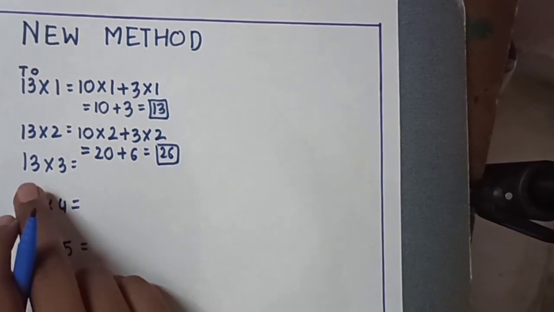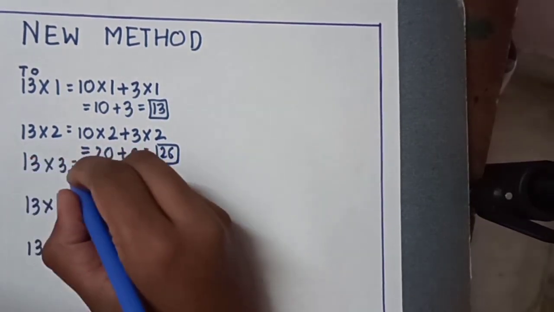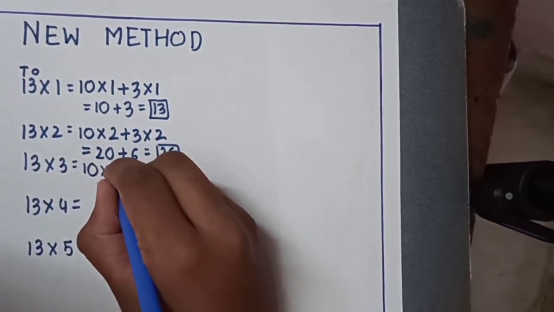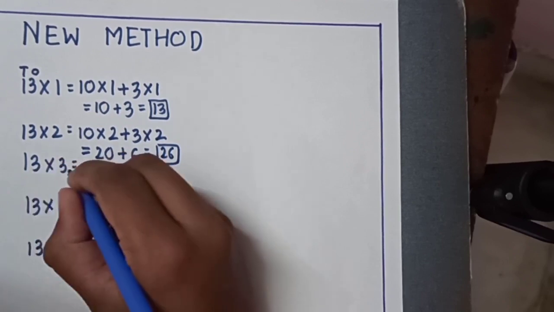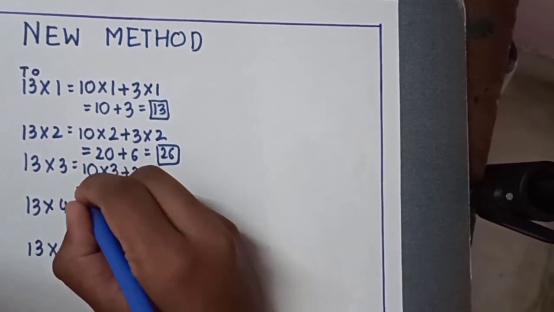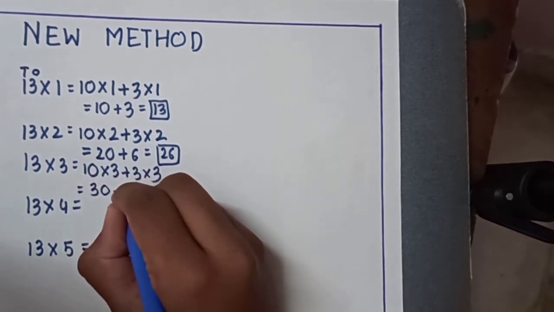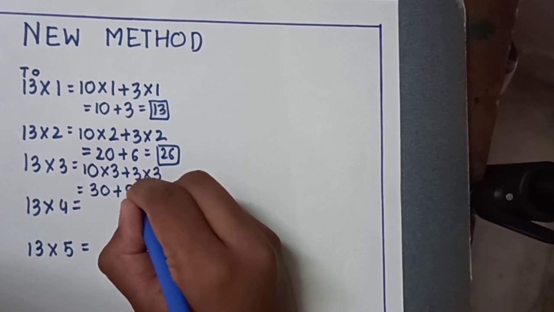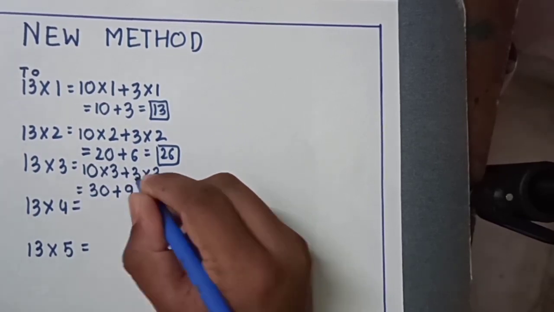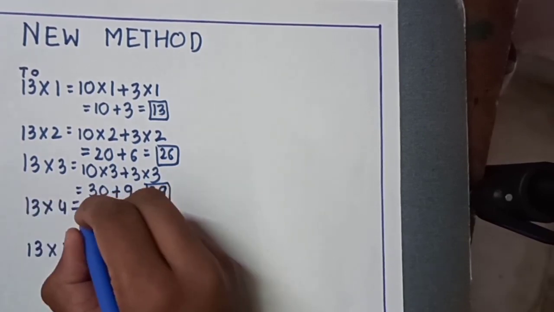The next one is 13 into 3. We have to write 1 as 10 into 3 plus 3 into 3. So we get 10 into 3 is 30 plus 3 into 3 is 9. We get 39. 13 threes are 39. 13 into 4.